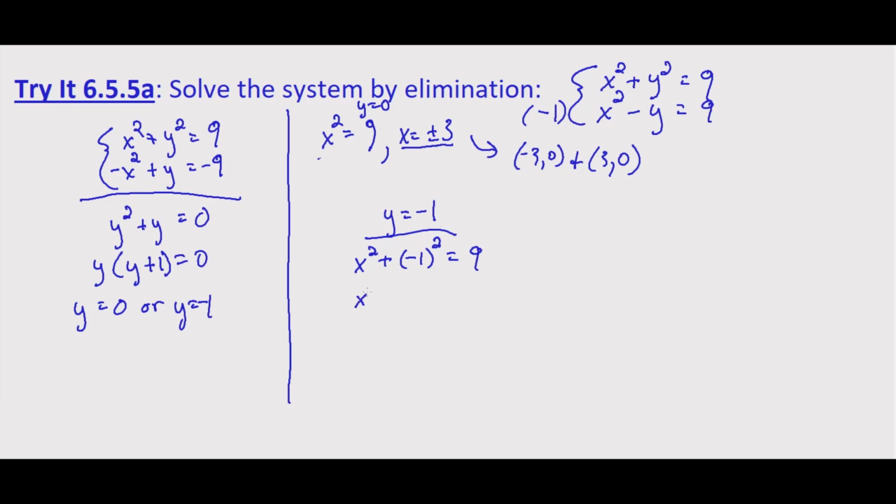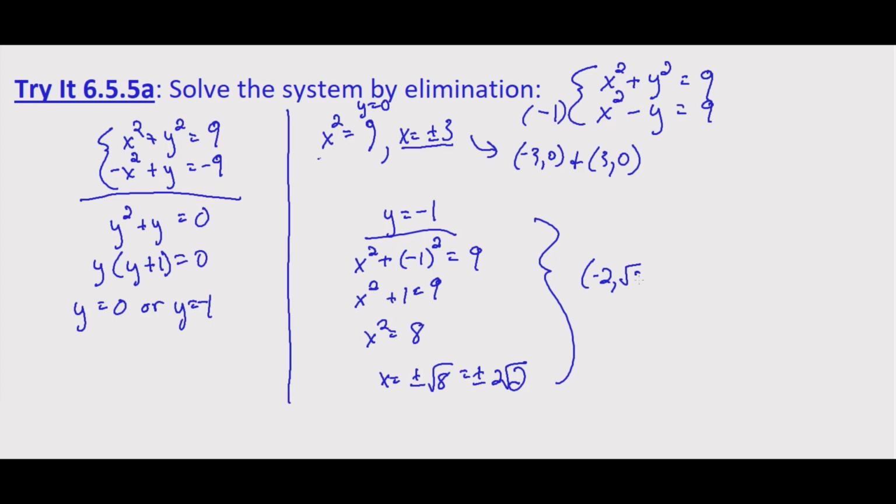Simplifying, we get x squared plus 1 equals 9. Subtracting 1 from both sides, x squared equals 8, which leaves us with x equals plus or minus the square root of 8, which equals plus or minus 2 times the square root of 2.